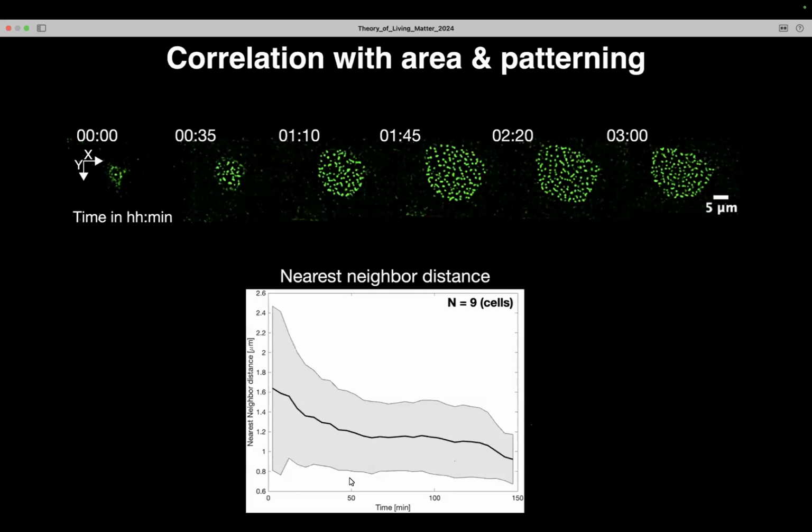You can see that as the apical domain is expanding in time, initially there's less patterning, and then as new basal bodies come into the apical domain, we start seeing this very nice patterning evolution. At the end, we have about 1 micrometer distance between the basal bodies. You can see how this process of patterning looks on the still images on top of this slide.